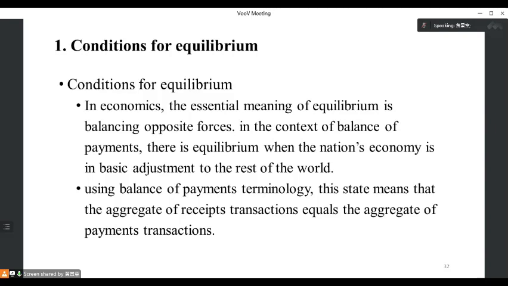We should know when a country gets the aggregate of receipts equal to the aggregate of payments, it means this country has come to the balance, the equilibrium.